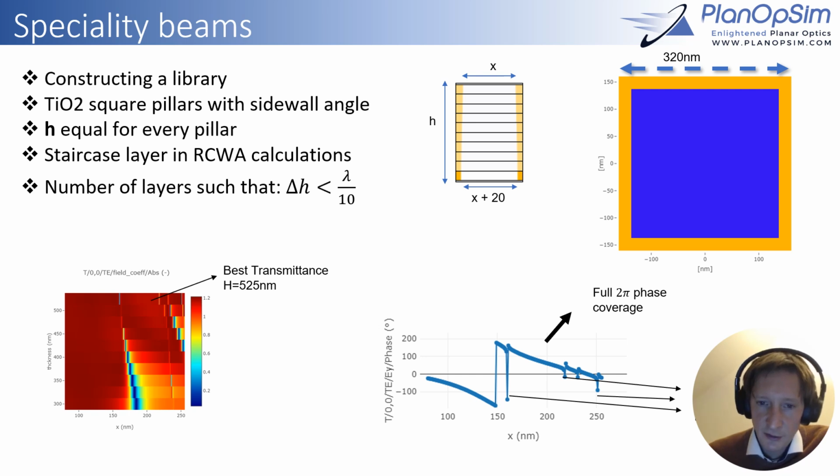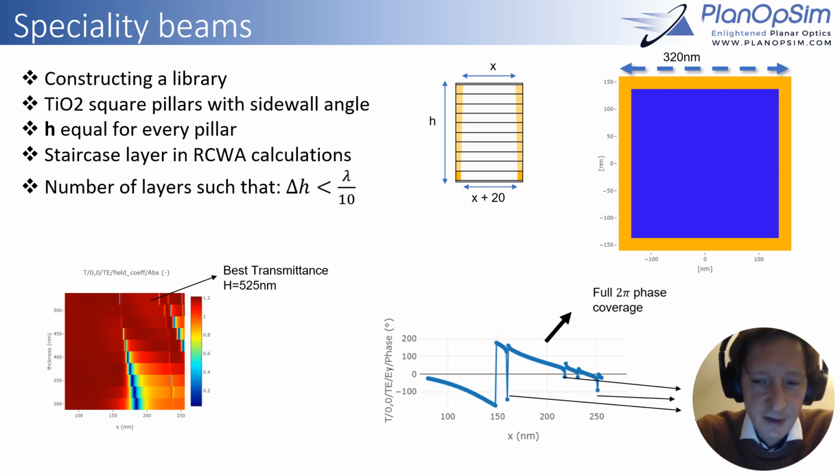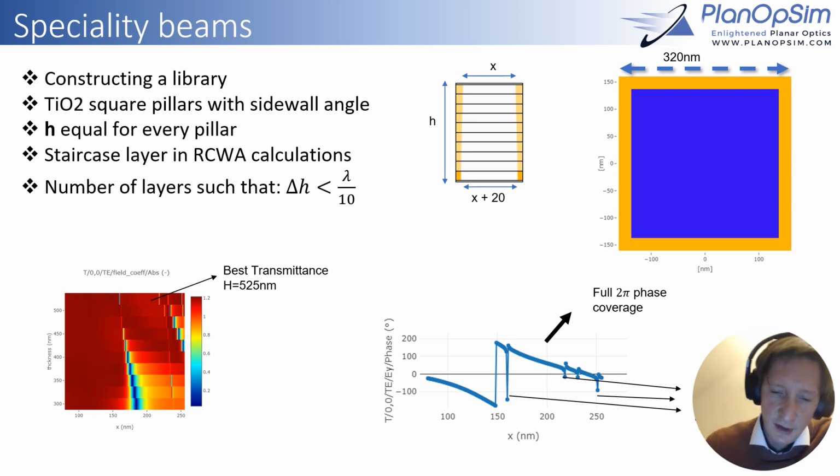In this case, we are also taking into account the sidewall angle that will occur in any practical etched metasurface. We do this by using a staircase approximation in the RCWA calculation. And in the design, we take care to avoid these resonant peaks because they are often associated with sharp dips in the transmission as well.